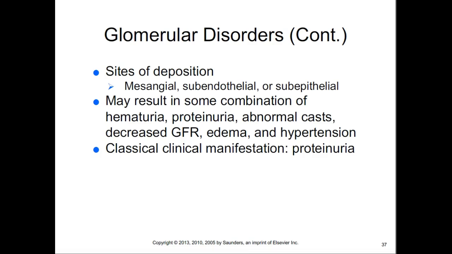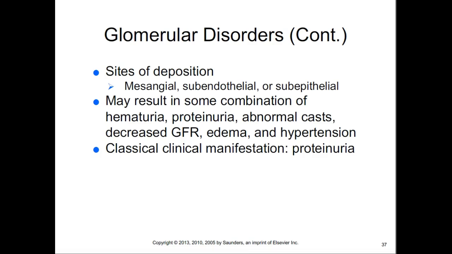The most common clinical manifestation of some type of glomerular disorder is protein in the urine, so proteinuria. Remember, proteins are really, really big. Proteins should not be in your urine. Very rarely do you even have amino acids, the building blocks of your proteins, in your urine, because usually they are reabsorbed at the proximal convoluted tubule.